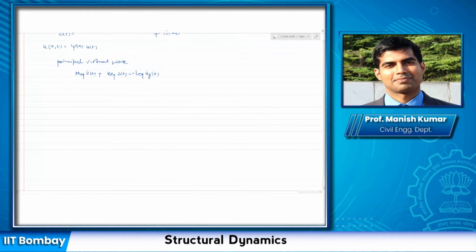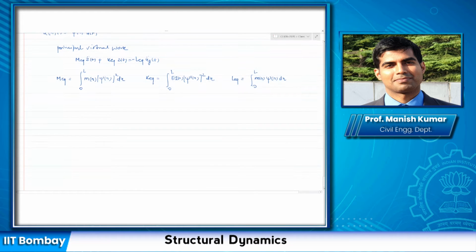Now, the important thing to remember here is the expressions that we derived. m equivalent is integrated over the whole length, the mass variation of the continuous system times the shape function squared that you are assuming. k equivalent is the flexural rigidity, EI(x), times phi double dash (x) squared dx, again integrated over the whole length, and L equivalent is m(x) times phi(x) dx integrated over the whole length. So this is what we derived, the three expressions.